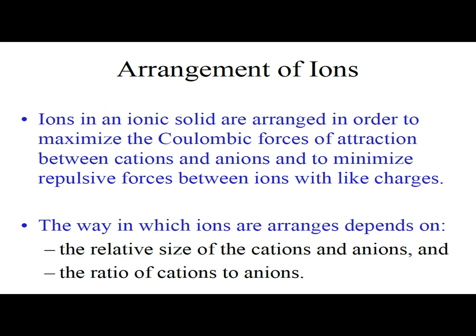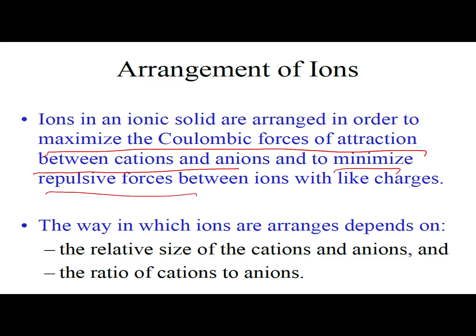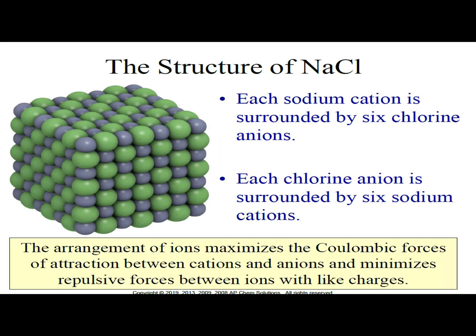The ions are arranged in a way that maximizes the Coulombic forces of attraction between the cations and the anions, and minimizes repulsion. The way in which ions arrange themselves depends on the size of the cations and the anions, and the ratio of cations to anions.